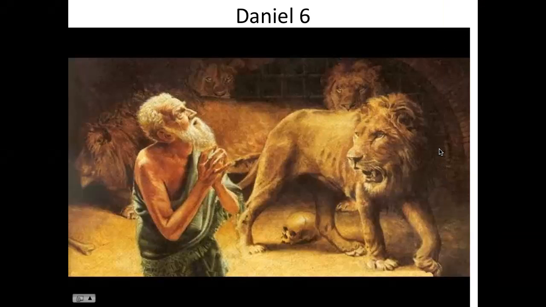To sum it up, Daniel is thrown in the lion's den because he won't follow a law that said you could not make any petitions to anybody but the king, including your own god. The king was actually kind of tricked into doing this because he really liked Daniel.